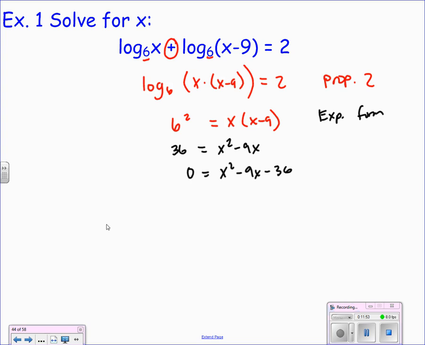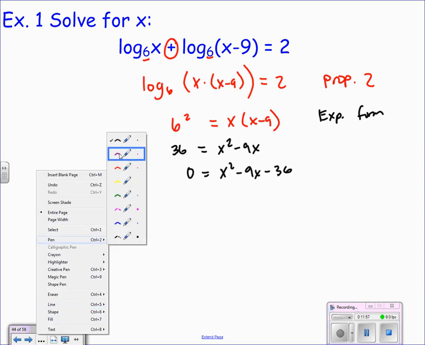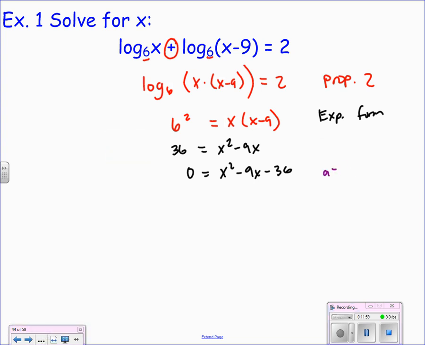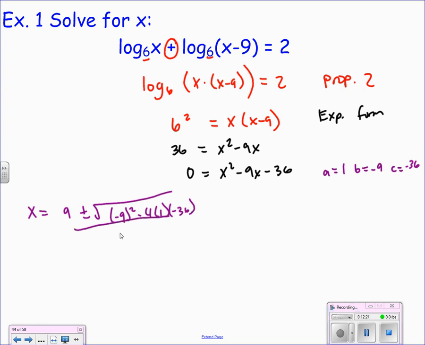You could factor or use the quadratic formula. A is equal to 1, B is negative 9, and C is negative 36. So x is equal to opposite of B, so positive 9, plus or minus the square root of negative 9 squared minus 4 times 1 times negative 36 all over 2 times 1.